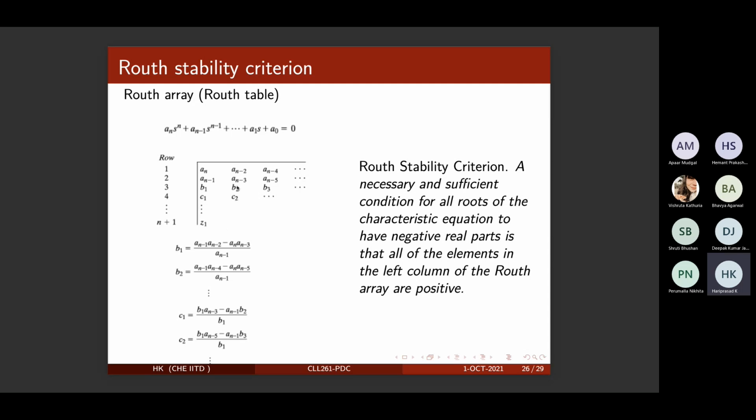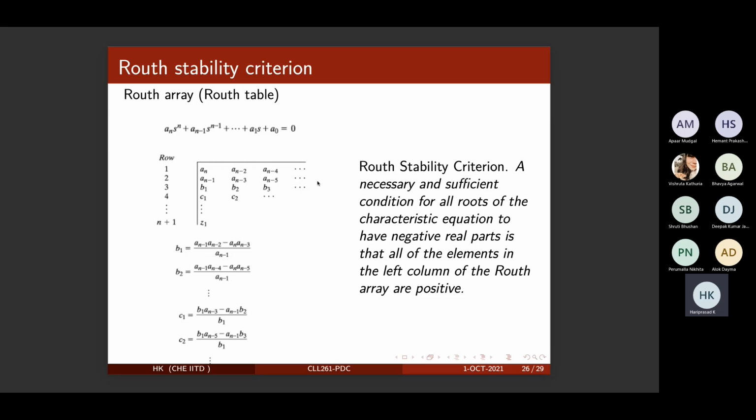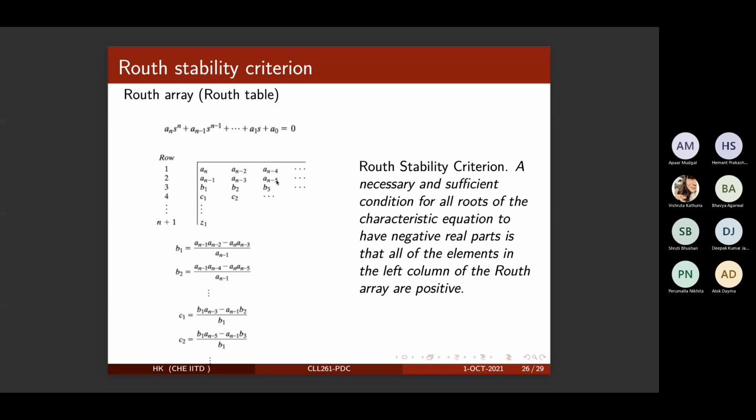How to calculate C2? Again, B1 into an minus 3 minus an minus 1 into B3 divided by B1. So like that you construct these small coefficients below and below until you make n minus 1 rows, where n is the order of the polynomial.